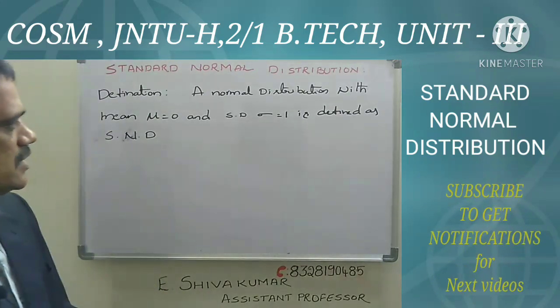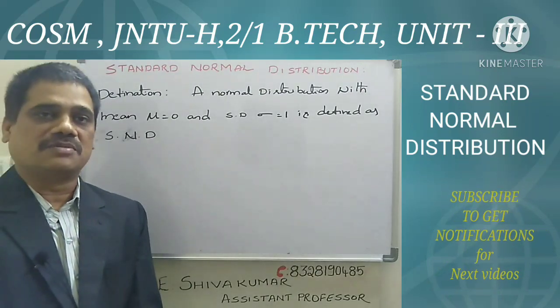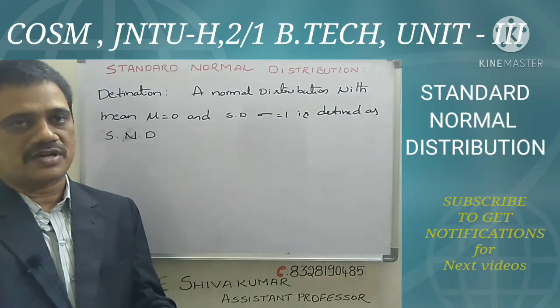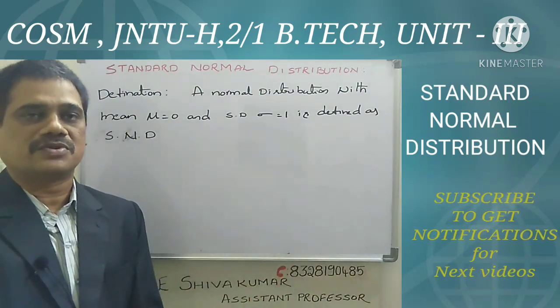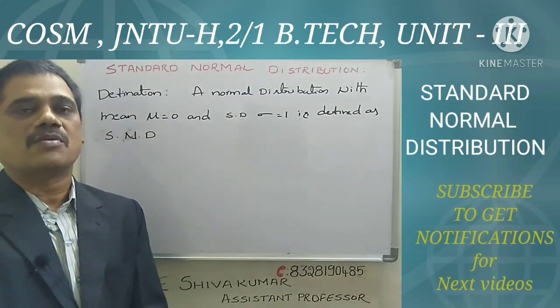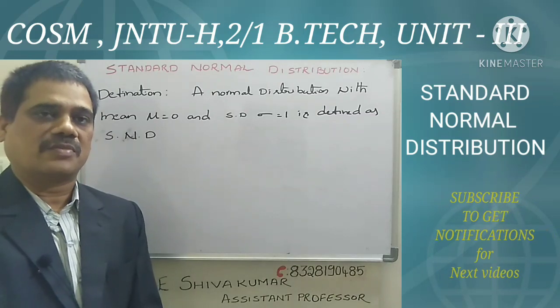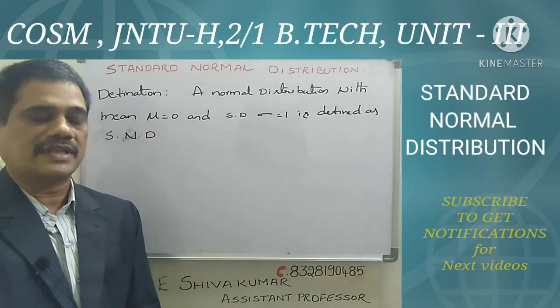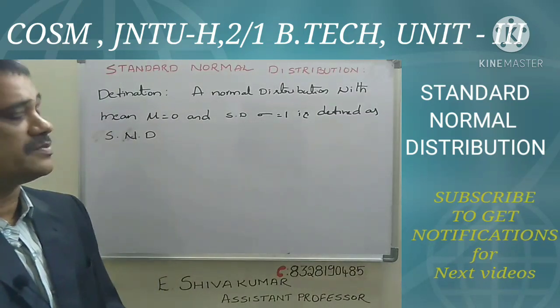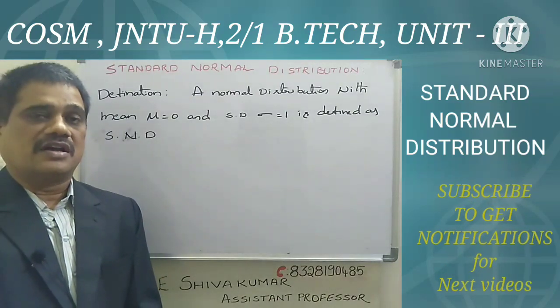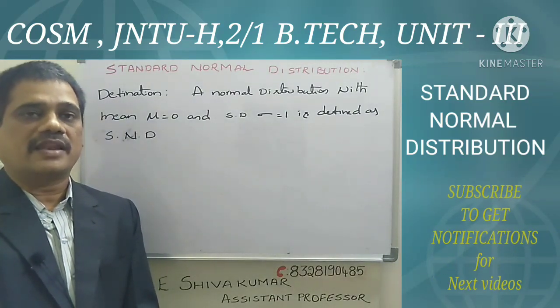Always, normal distribution problems we can transform into the standard normal distribution, and then solve the problems of normal distribution with the help of the standard normal distribution. That is the benefit of the standard normal distribution. Why? Because it is not possible to calculate the integration every time.